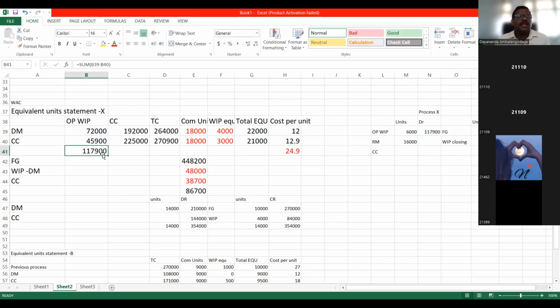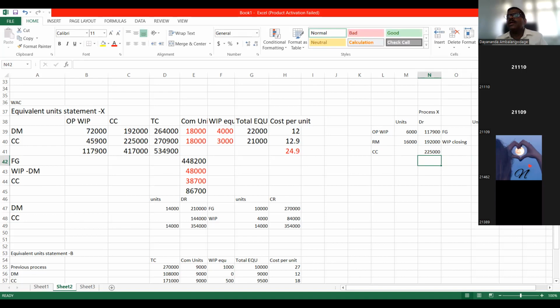Yes, that's correct. If you want the total, you can get it. And the raw material, of course, 192,000. And current cost with regard to this particular process is 225,000, right?